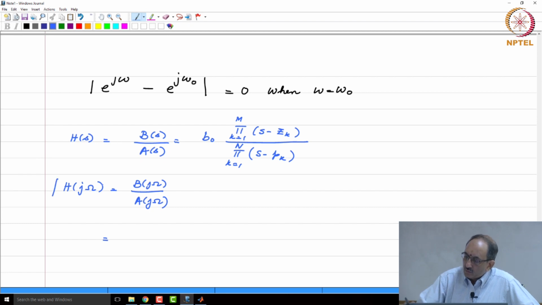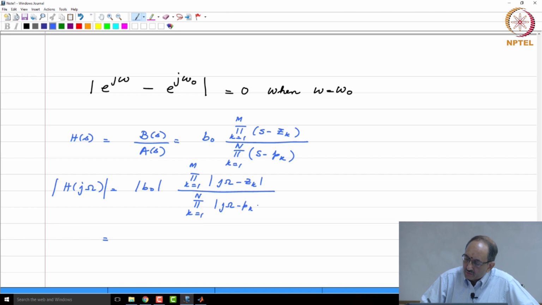And you can think of your magnitude response exactly similar to what was done in the discrete time case. So this is now k going from 1 to capital M, you are going to replace s by j omega, therefore this is magnitude of j omega minus z_k, divided by k going from 1 to capital N, magnitude of j omega minus p_k.